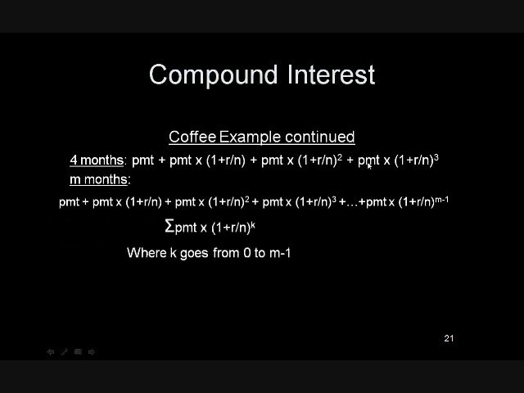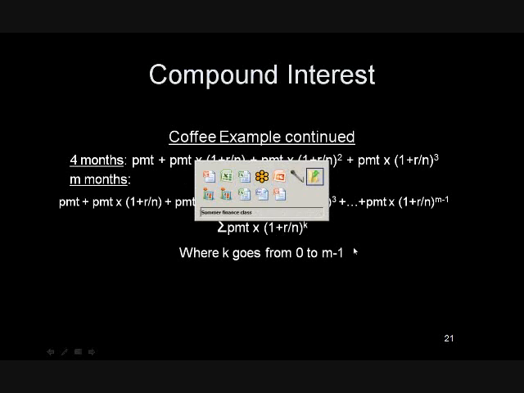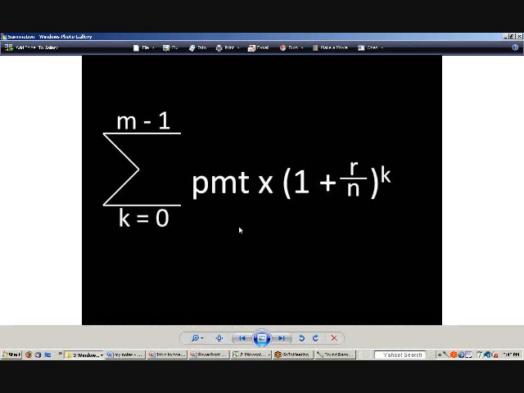And this can be rewritten as a summation. It's the sum of the payment times the quantity 1 plus r over n raised to the k, where k goes from 0 to m minus 1. And this is a little bit awkward to look at, so I've also drawn it out here.